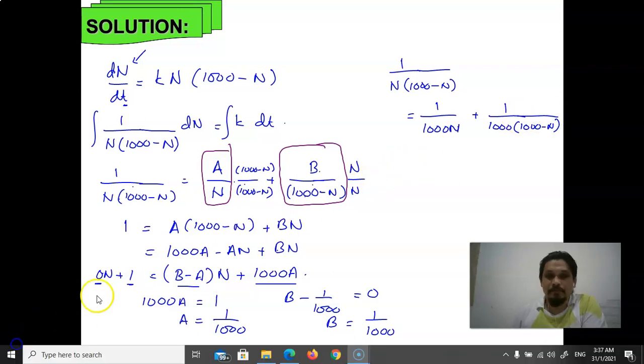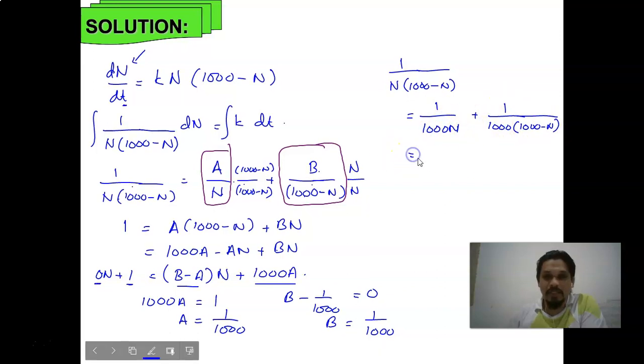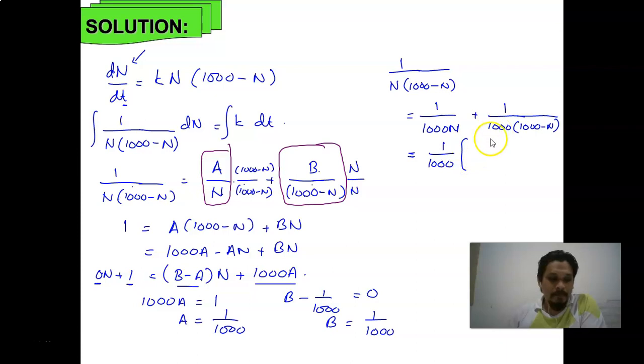There you go. Okay, so look at this one here now: 1 over 1000n plus 1 over 1000 multiplied with 1000 minus n. We got 1 over 1000 and 1 over 1000, take it outside, we factorize this. 1 over 1000 times (1 over n plus 1 over 1000 minus n).